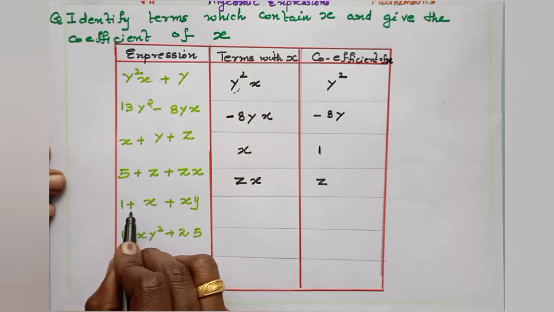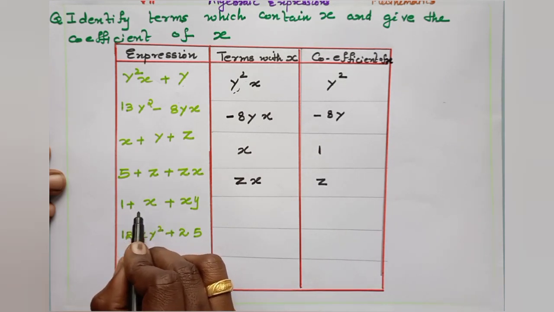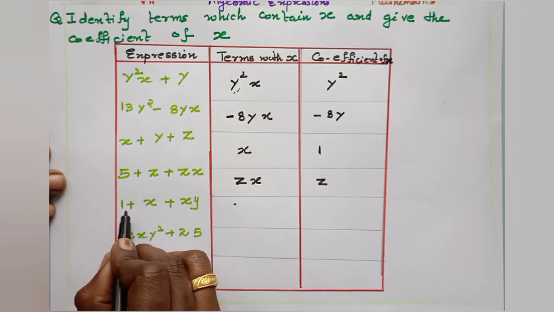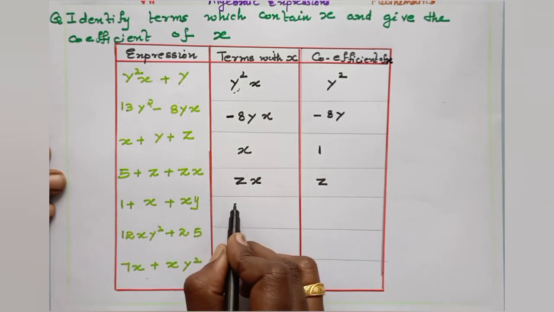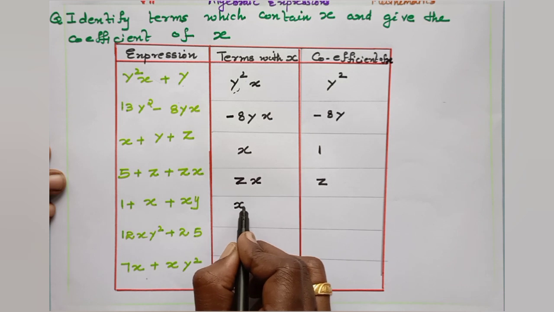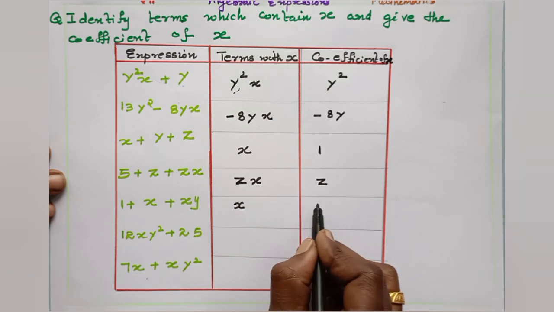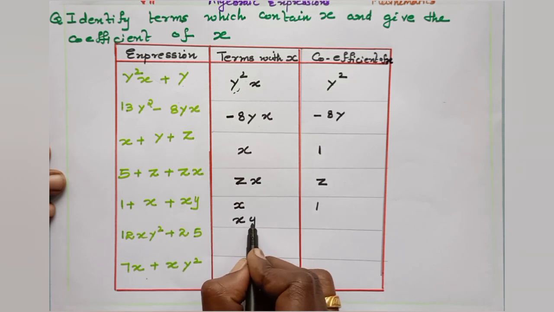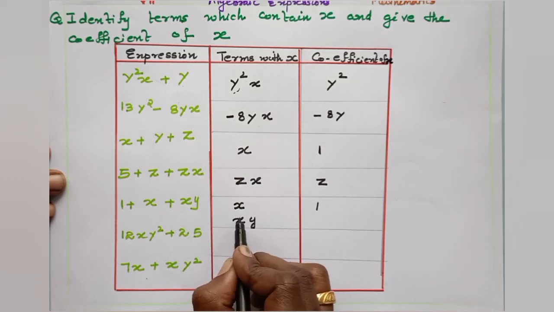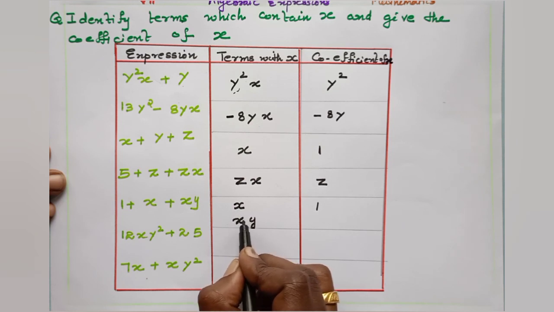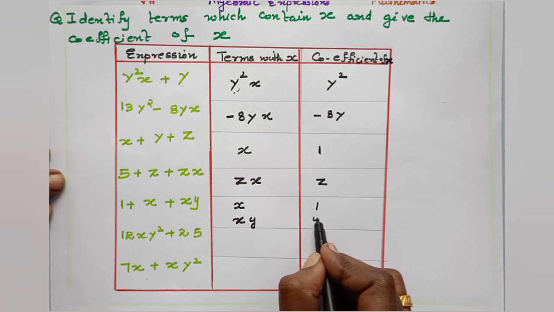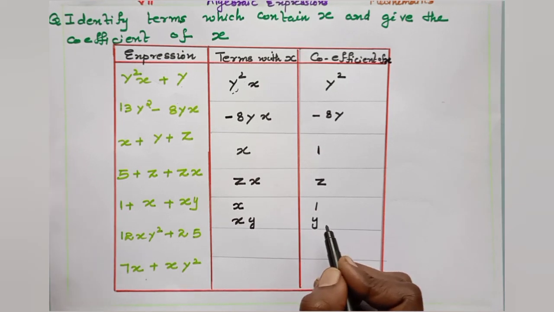Then 1 plus xy. The term with x is xy, where x into y equals y into x. So the coefficient of x is y.